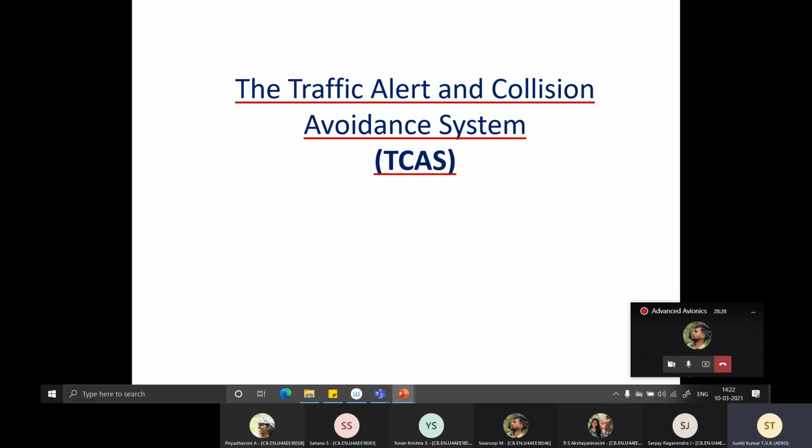In an IFF, that issue might be there, but not in SSR. Here, the pilot has no control other than giving some information. Is it okay, Sarup? Yes, sir.